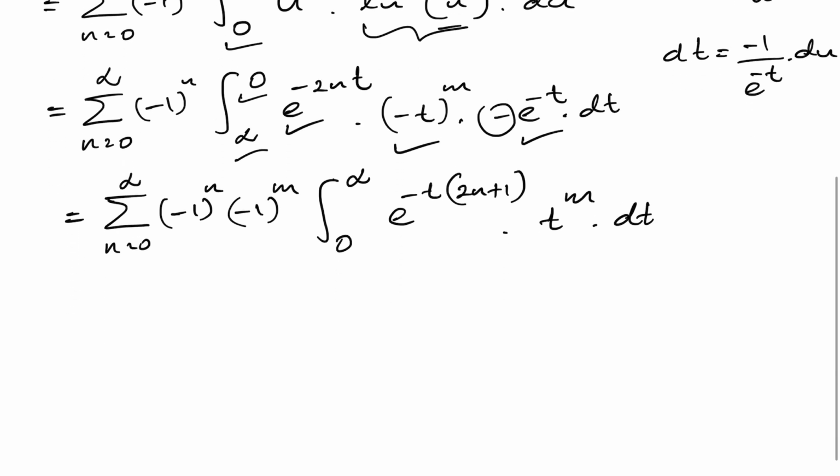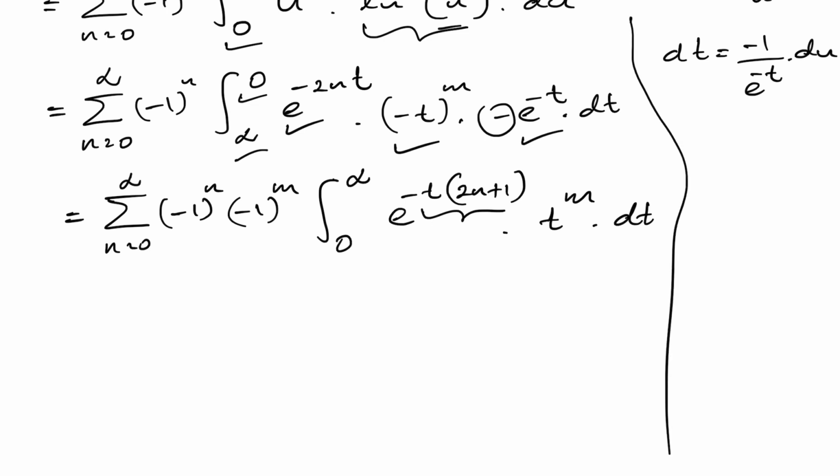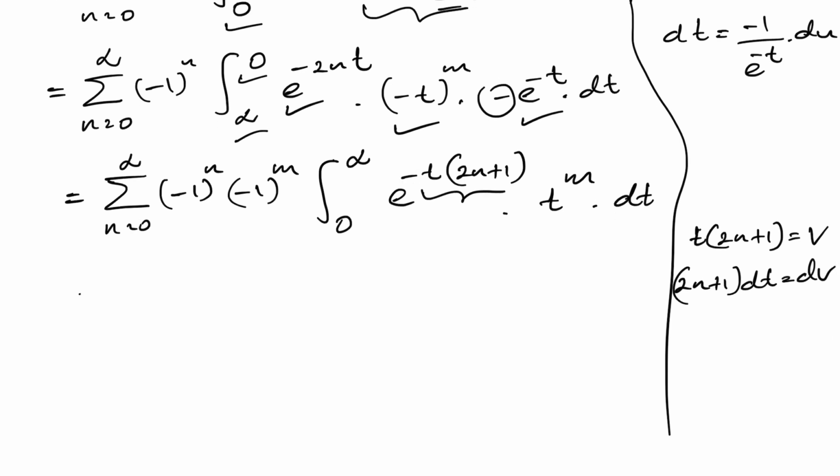Then, since we have t times 2n plus 1, I'm going to take another substitution. We can take t times (2n plus 1) is equal to v. Then if we differentiate, (2n plus 1) dt is equal to dv. Let us substitute. Now we have minus 1 to the m, which we can write outside of the sigma notation, and the sum for n equals 0 to infinity of minus 1 to the n power.